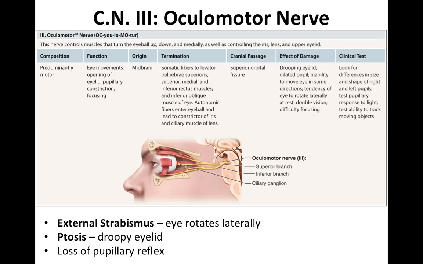If we're looking only at the effects of the extrinsic eye muscles, the overall effect is that you tend to see external strabismus, and this is where the eye just rotates laterally because that lateral rectus is still intact and functioning, and it just begins to pull the eye in that direction. The term ptosis right here is actually the term we use to describe that droopy eyelid.